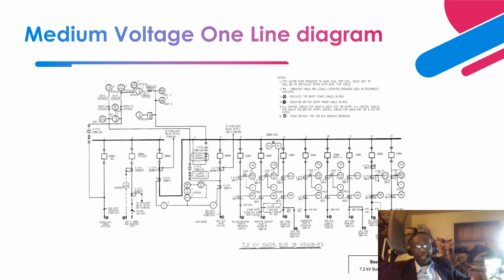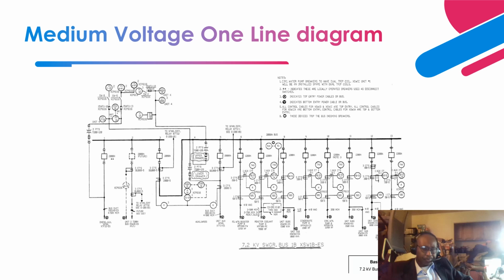Then from this medium voltage switchgear, it gets fed to other step-down transformers that step the voltage down from, let's say, 7.2 kV to 480 volts to motor control centers, which provide power to all other auxiliaries, air operated valves, motor operated valves, etc.